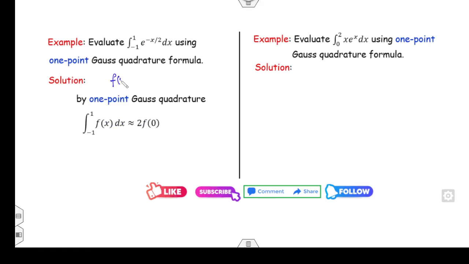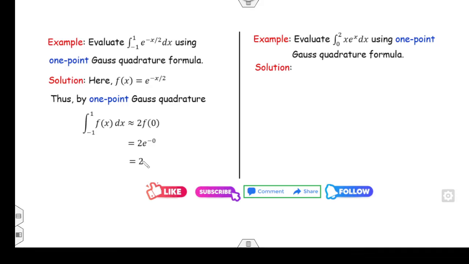What is f(x)? f is the portion written inside the limits, so f(x) will be e raised to power minus x over 2. Substituting, twice e raised to power minus 0. E raised to power minus 0 is 1, so the answer is 2.